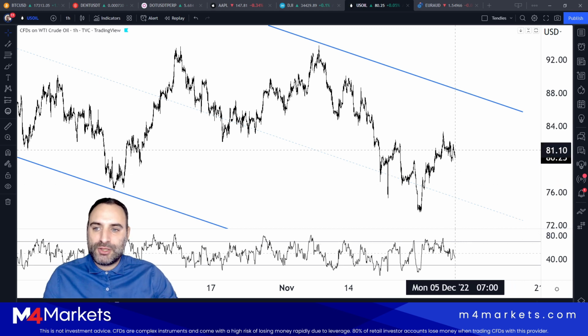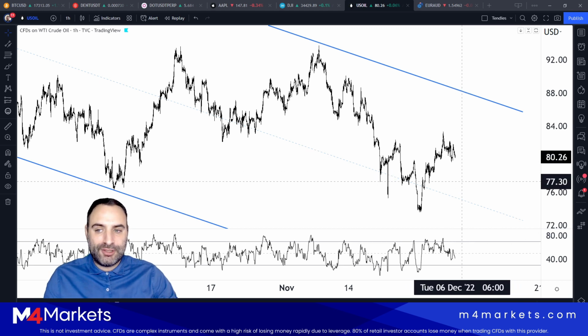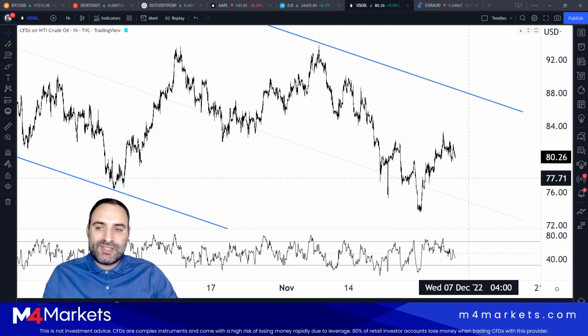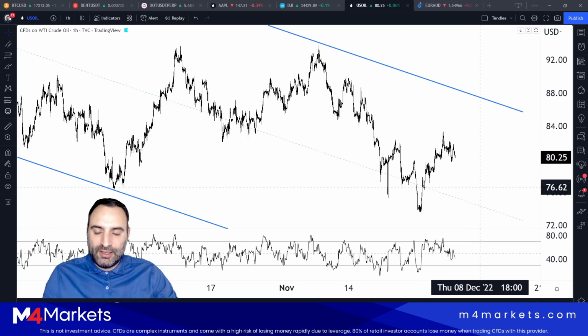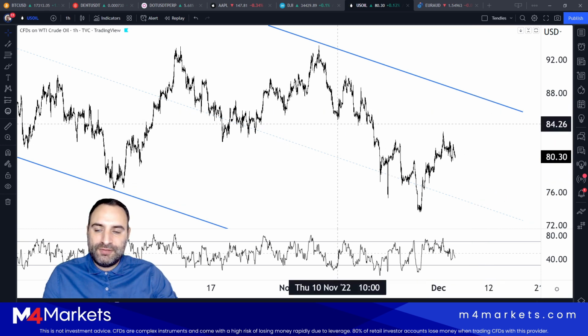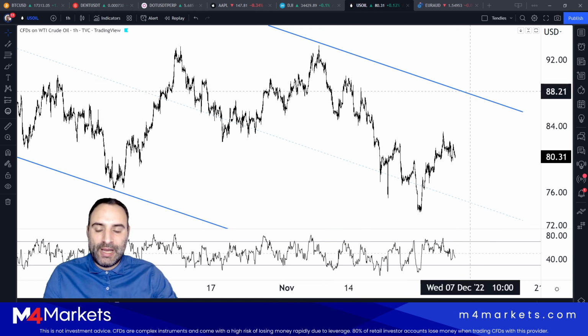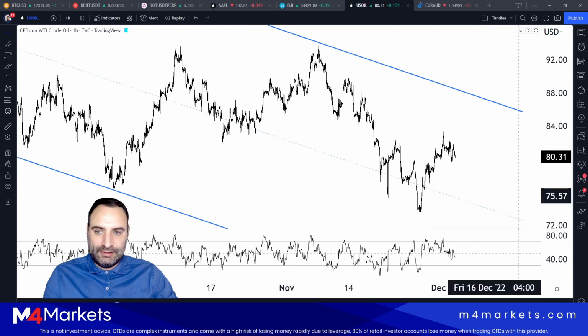Or the other case would be that we're just going to go around that territory and then start moving up. This I would see as a crawl-up effect, with the first target of course 83.50, then 84.70, and then you go to around 90, maybe even it is going to fail at 90, and from there probably fall again.